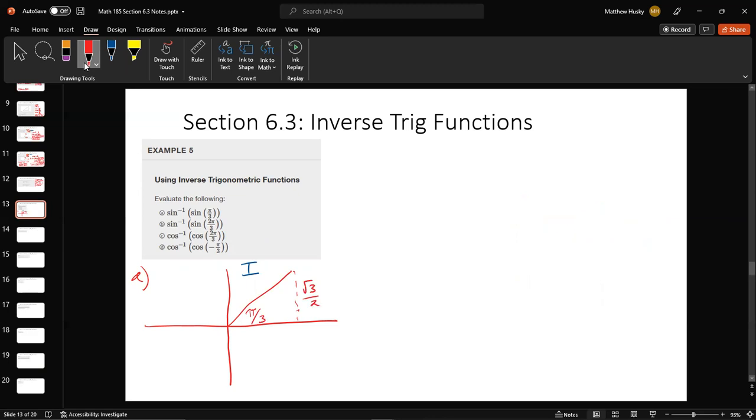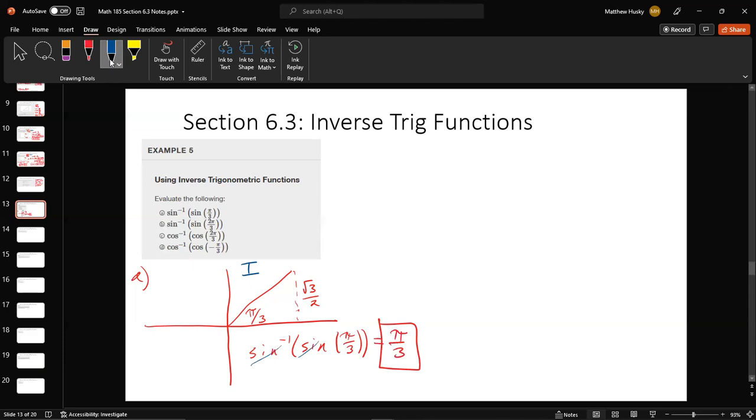And fun fact, if you do sine inverse of sine pi over 3, what you will get is just pi over 3. Because these are inverses, they're canceling each other out, and what's left is the angle that you started with.